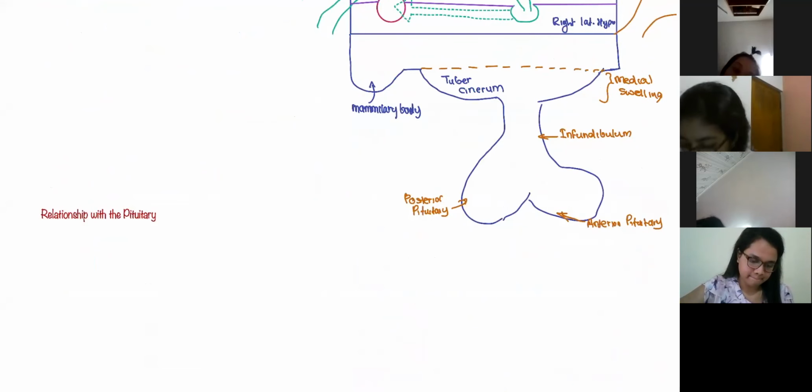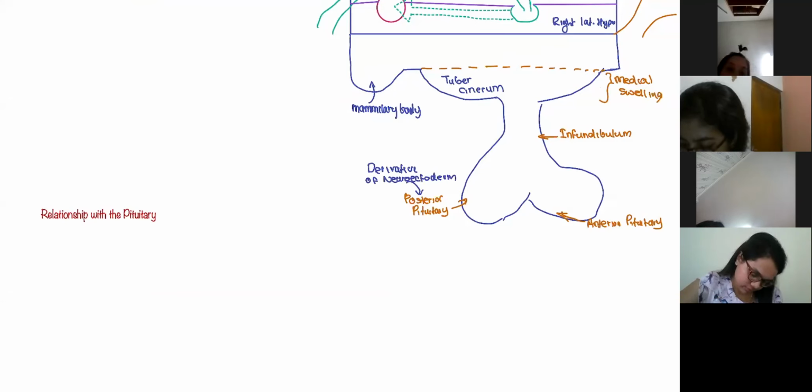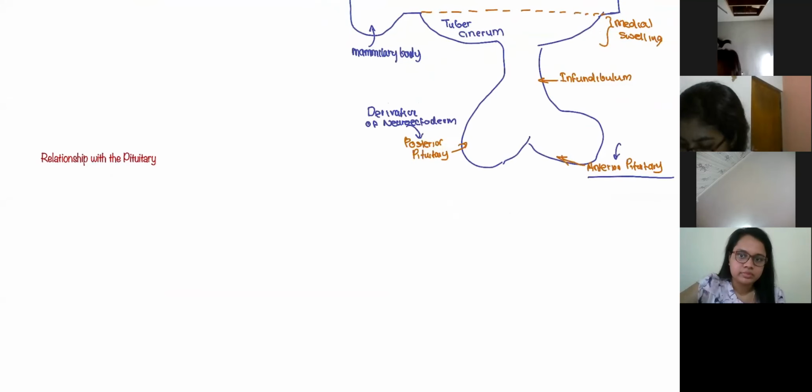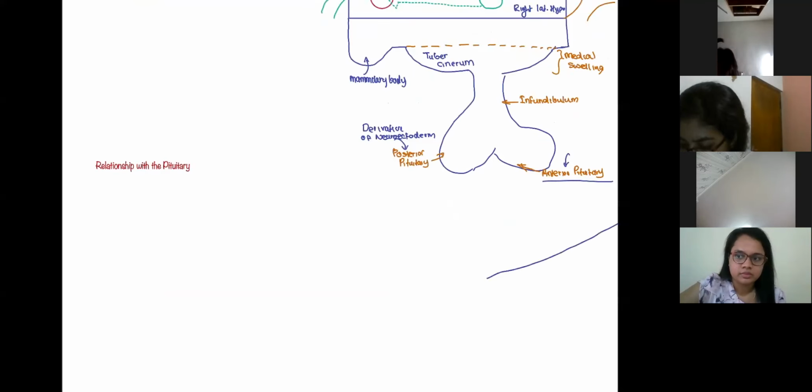So the posterior pituitary is a derivative of the neuroectoderm. Okay, it derives from the neuroectoderm, while the anterior pituitary comes as a mass of cells from something called the Rathke's pouch.